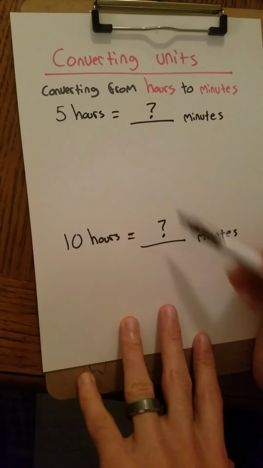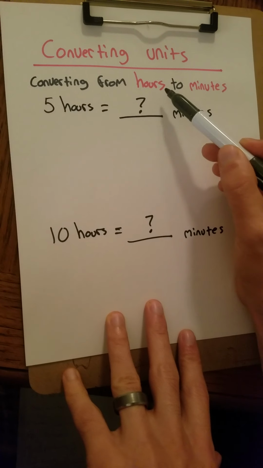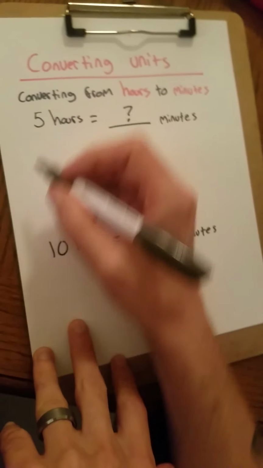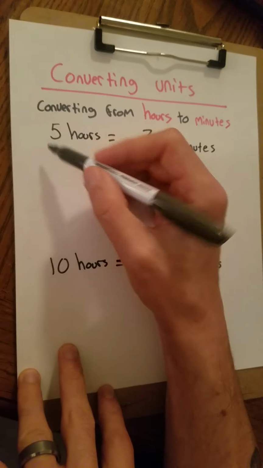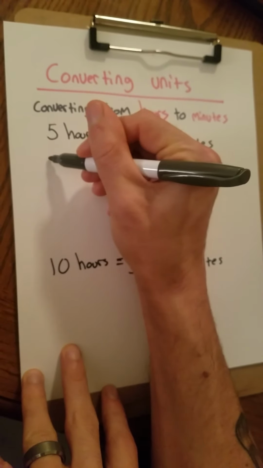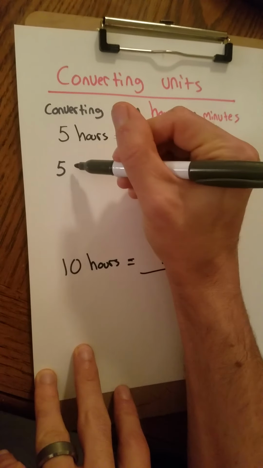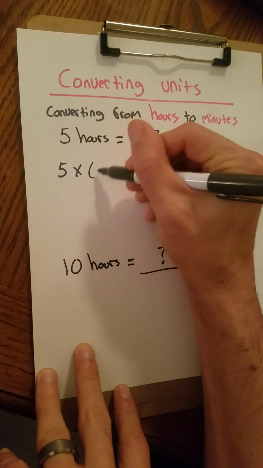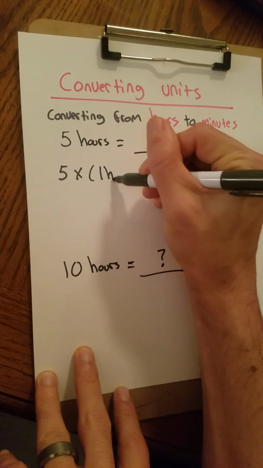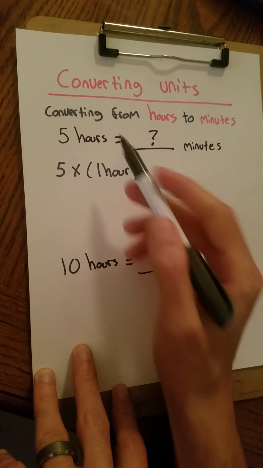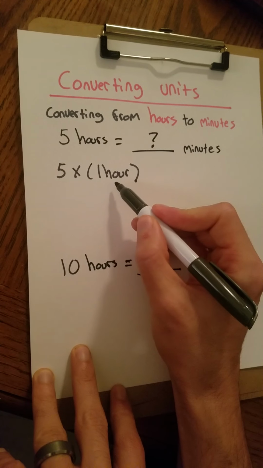So first, we're going to convert from hours to minutes. First question asks us, 5 hours equals how many minutes? This is kind of a strange way to think about this, but you'll see it when you do Zearn as well. That 5 hours we can write as a mathematical expression of 5 times 1 hour. And now we're going to rename this unit.